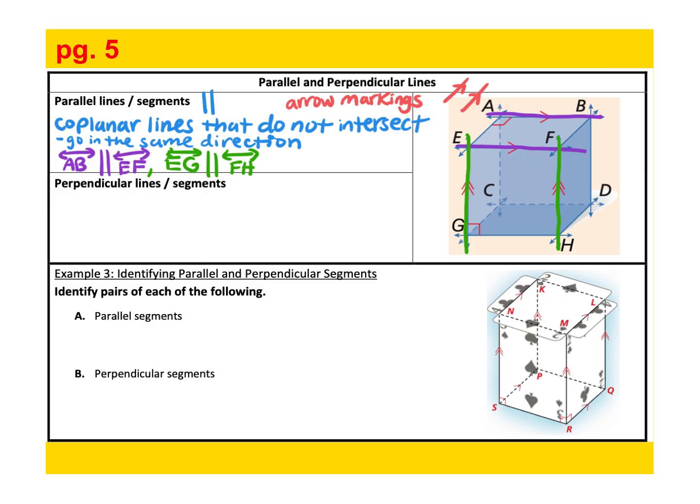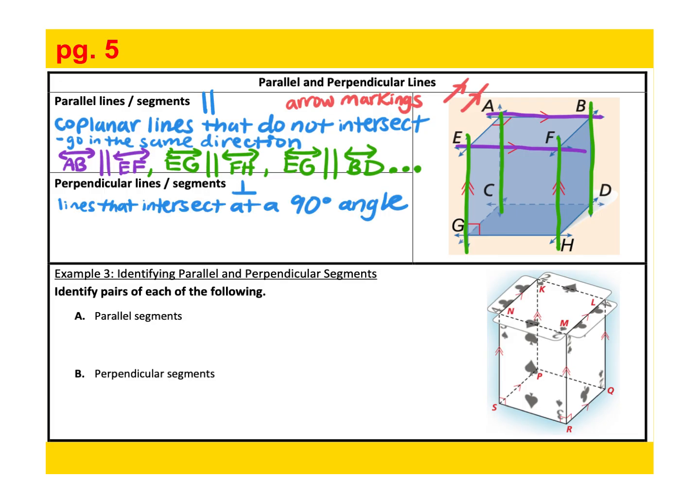I could also do something like EG is parallel to BD. And there's other ones too, like I could have used AC in that section as well. So there are more examples. There's 3 of them to add to your notes.